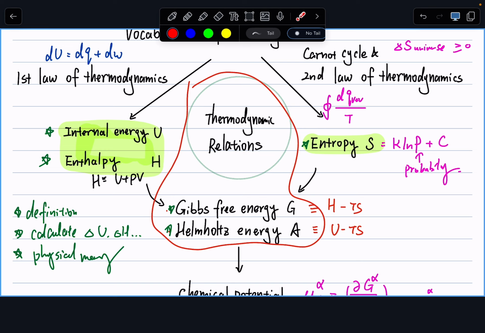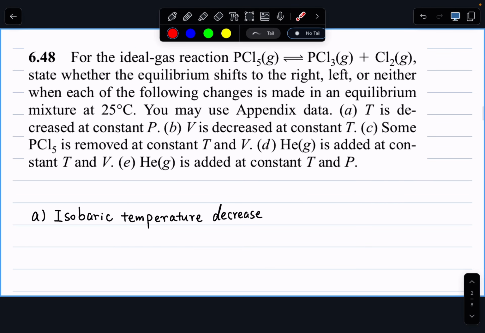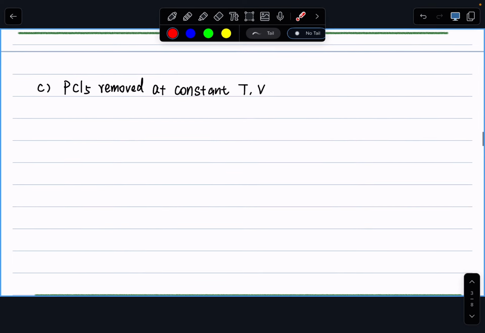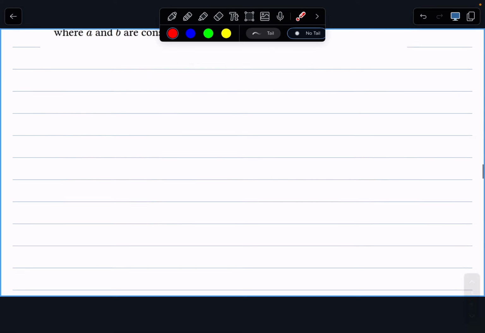So I prepared 4 different questions. I'll ask you to vote. The first one is our ideal gas reaction shift, like how does changing the state shift your ideal gas reaction mixture. And then we have a derivation example, like how to derive the volume dependence of internal energy with an equation of state.